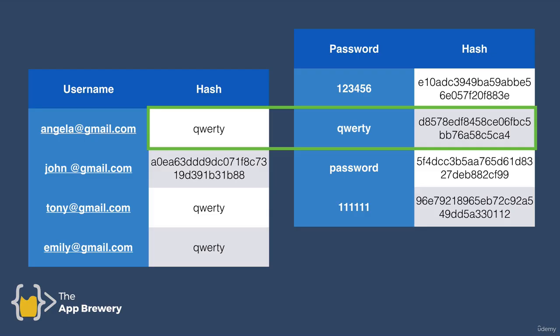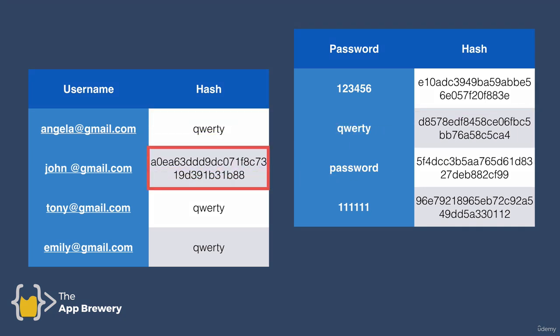Now, if at this point you're extremely scared and you're wondering, well, what exactly can you do about this? Well, consider that in our user table, there was one hash that was extremely difficult to find, and it didn't match up with any of the hashes in this little simple hash table we built.